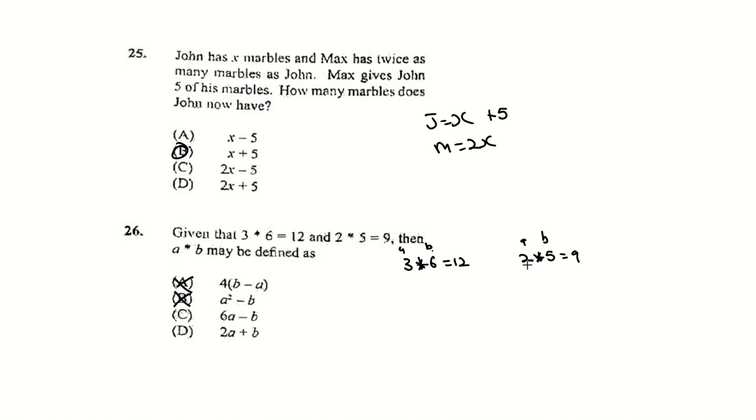Let's see if it works for this one. 6 twos are 12. 12 minus 5 is not 9. So it's not C. So just through a process of elimination, the answer is D. So again, we substitute these values into each of them to see which one will work, not just for one, because for A, it worked for this one, but it did not work for this one.